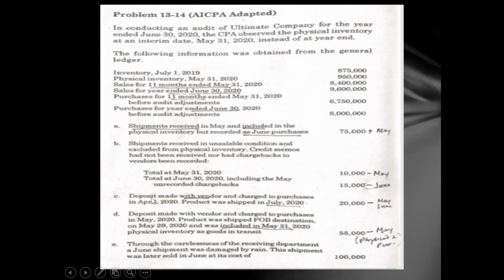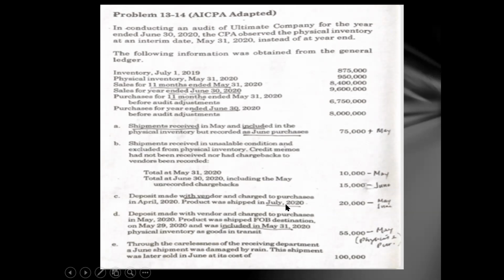For letter C, deposit made with vendor. Meaning you made advances to a supplier and charged it to purchases in April 2020. The product was shipped only in July 2020. So what happened? The advances to supplier were charged to purchases, but supposedly it's not a purchase, because it is an advance payment for the goods that were shipped only in July.